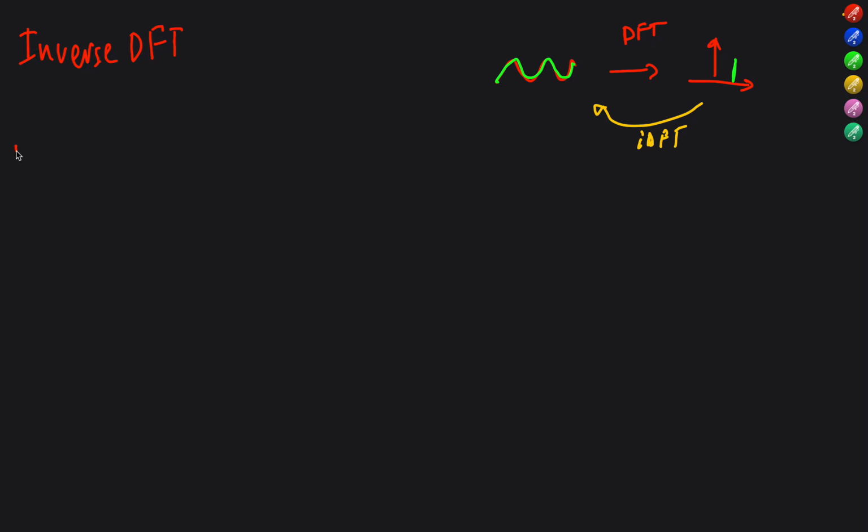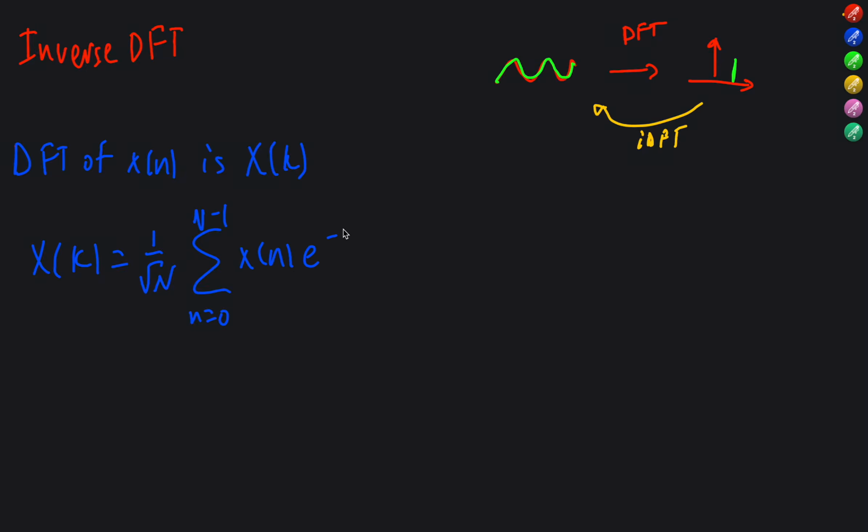Let's just recall, here in blue, that the DFT of little x of n is big X of k, and we say big X of k is 1 over root N times the sum from n equals 0 to big N minus 1 of x of n e to the minus j 2 pi k n over N. Many different interpretations of this.